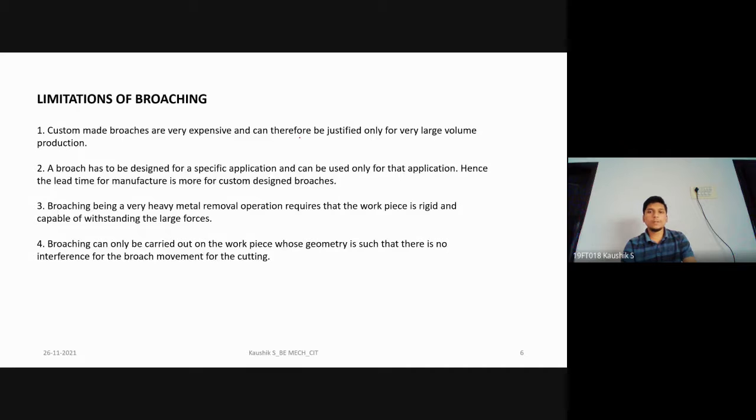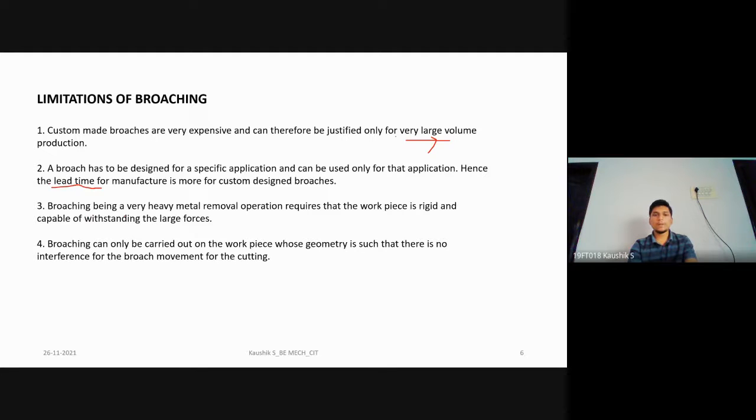So the very expensive broach tool is justified only when the production volume is very high, so that the cost of tooling is compensated. A broach has to be designed for a specific application and can be used for that particular application only. If you want to change the shape, then the complete broach tool has to be redesigned for the desired shape. So the lead time involved with the manufacturer is more for these custom designed broaches.